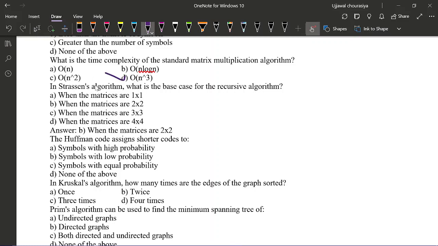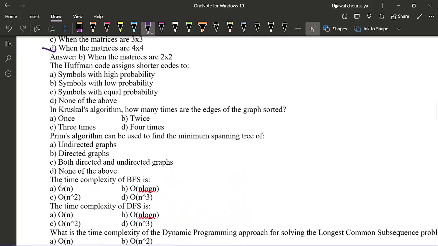In Strassen's algorithm, what is the base case for the recursive algorithm? I think it's 4 cross 4, when the matrices are 4 cross 4. The Huffman code assigns shorter codes to symbols with high probability.